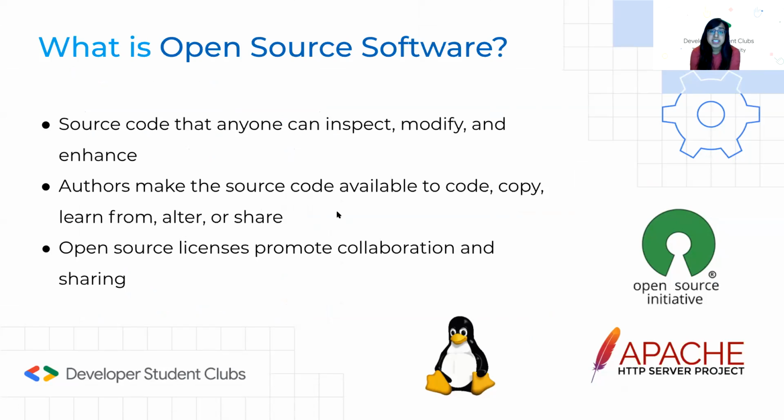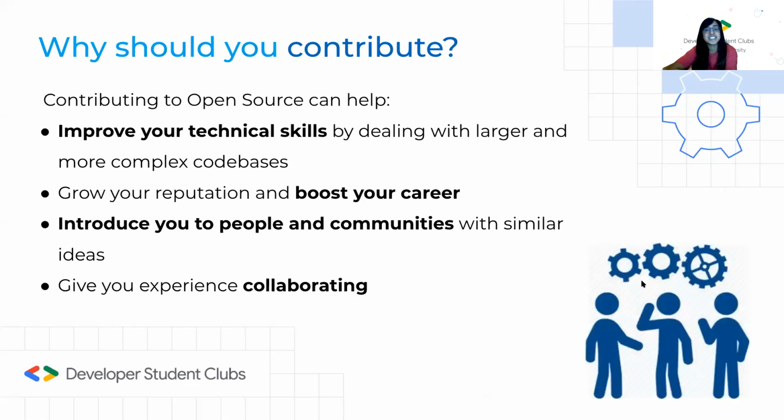And many of these licenses also promote collaboration and sharing of these projects. Developers may prefer open source also because you're able to control the aspects of it that you like and you don't like. So you can change the parts that you want to improve upon and use some of the more necessary aspects for your personal use cases. You can go to the next slide.